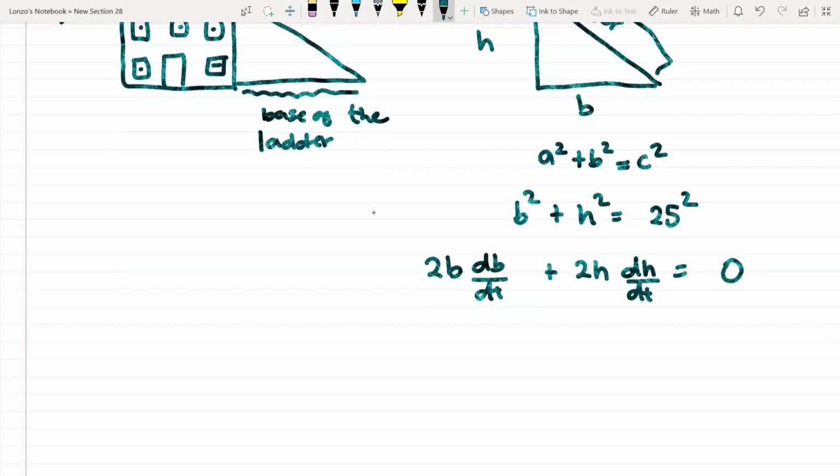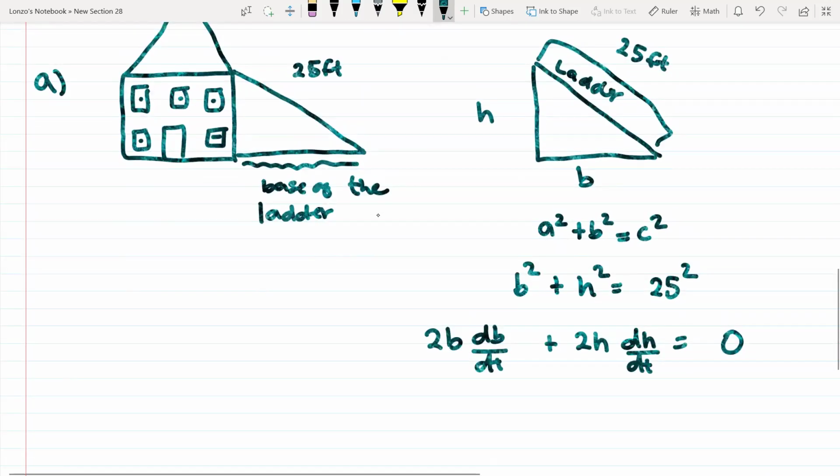Now, what are we trying to find? How fast is the top of the ladder moving down, so they're asking for the speed. Are we trying to find db dt or dh dt?